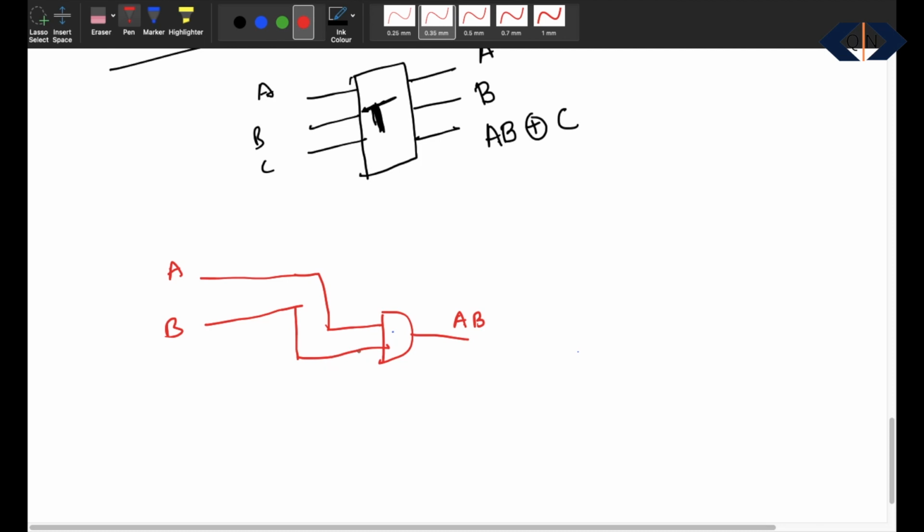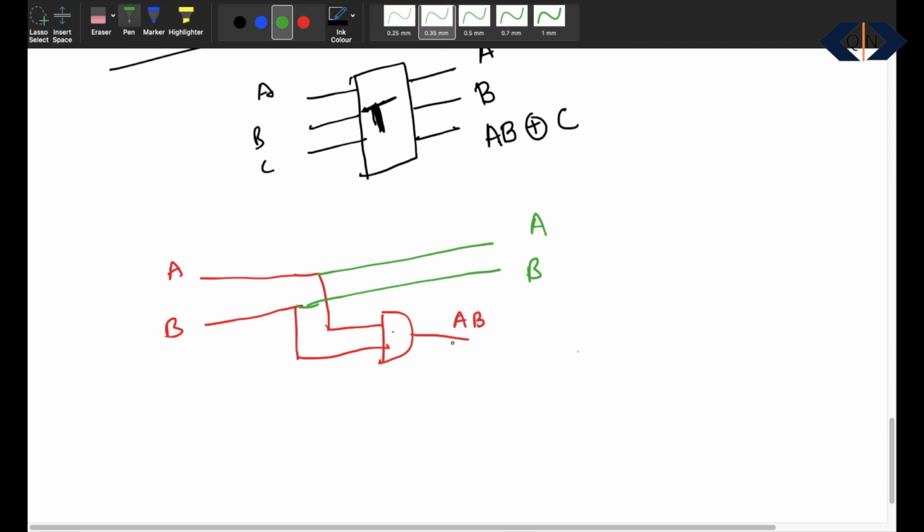So we know that for any gate to be reversible, there must be an equal number of inputs and outputs. So let's pull it here and pull it here, the same information of A and B, like A, B, and this is AB.